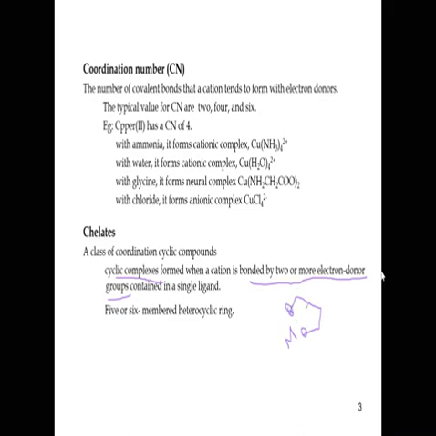In that glycine one, it is the N atom and the oxygen of the carboxylic acid. So there are two electron donor groups there. So definitely you are going to get a cyclic complex, which we call a chelate, which is an example of a chelate, right?